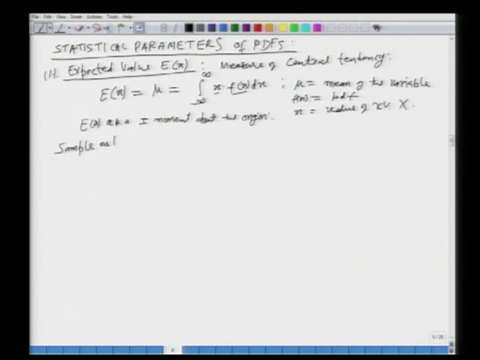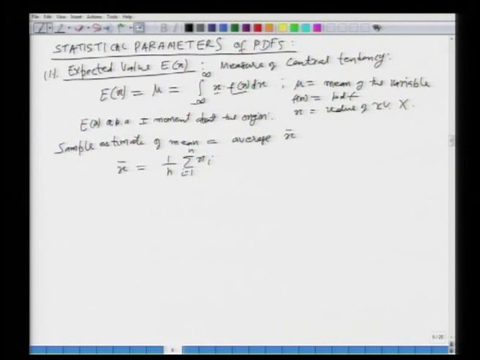The sample estimate of your first moment about the origin or the mean is nothing but what we call the sample average x bar. We all know how x bar or the average is defined. It is nothing but 1 by n multiplied by the summation of all the values, isn't it?